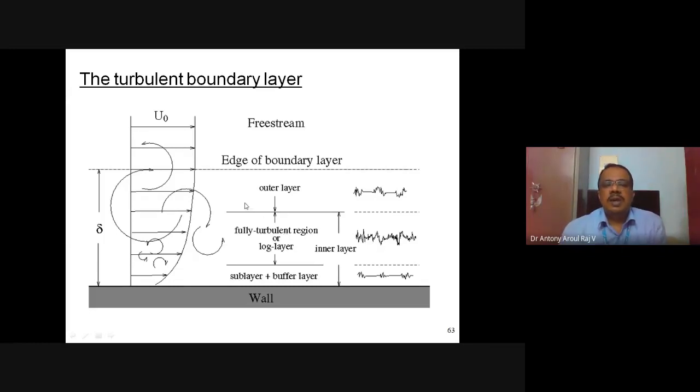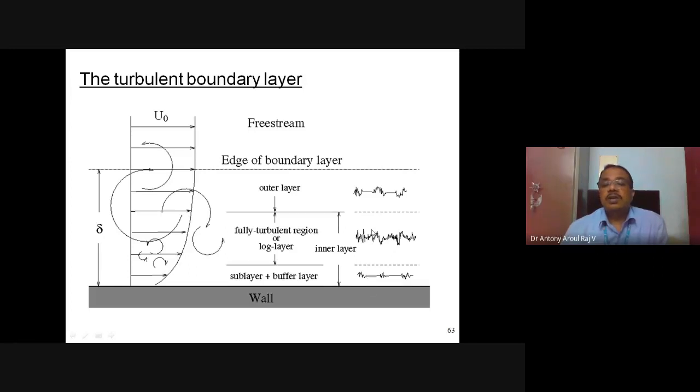For example, if I have a constant value in the laminar boundary layer, the value will be constant over time. But when I come to the turbulent boundary layer, near the wall, I'll have small fluctuations in the property. If you are measuring temperature, the temperature will be fluctuating like this. Similarly velocity will be fluctuating, and pressure will also be fluctuating.